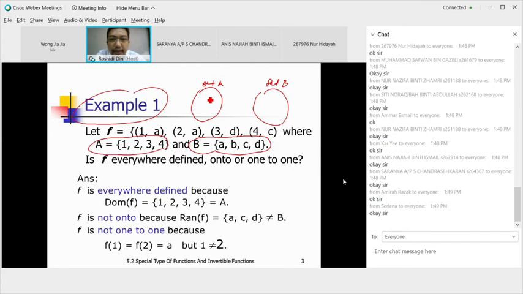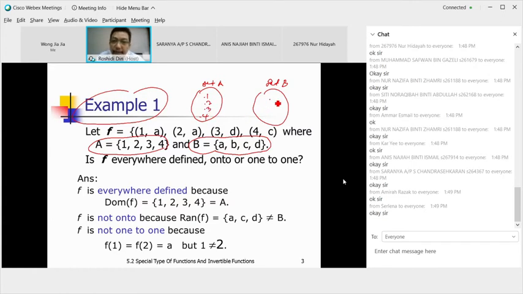In set A, we have 1, 2, 3, 4. All the elements we must put a dot. This dot means the location of that element. Without a dot, it means the total of elements involved. So dot 1, dot 2, dot 3, dot 4 means the elements are number 1, 2, 3, 4.